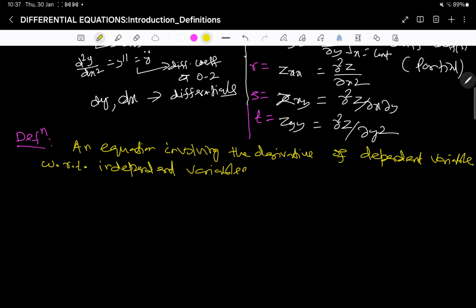So the dependent variable in each case is 1, only one dependent variable.